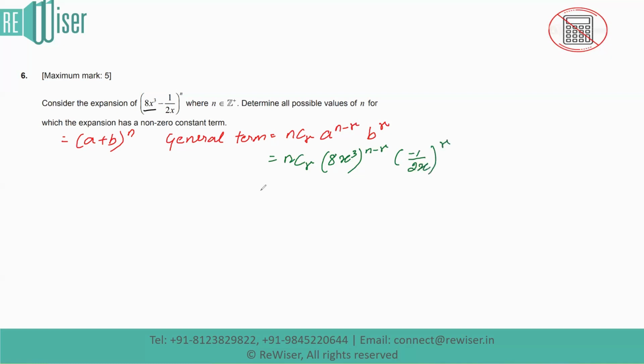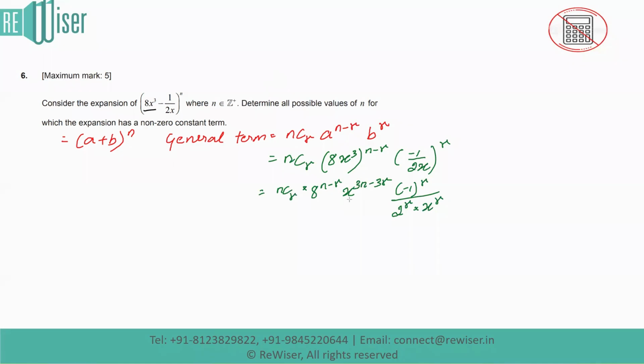Now, if I simplify this, the power belongs to both. So nCr times 8ⁿ⁻ʳ times x^(3n − 3r), and this is going to be (−1)ʳ divided by 2ʳ times xʳ.